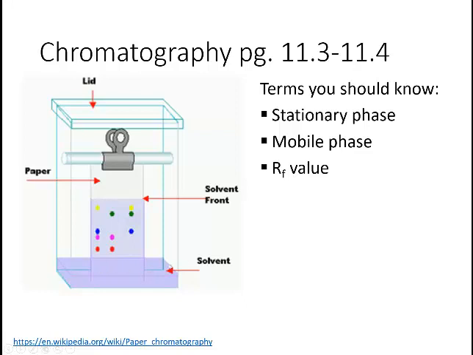And we're going to spot compounds on our paper, and then we're going to have some kind of solvent here. That's our mobile phase. We're going to put our paper into a chromatography chamber, and as the solvent moves up the paper via capillary action, what we'll see is our sample will get separated into the different pigments.